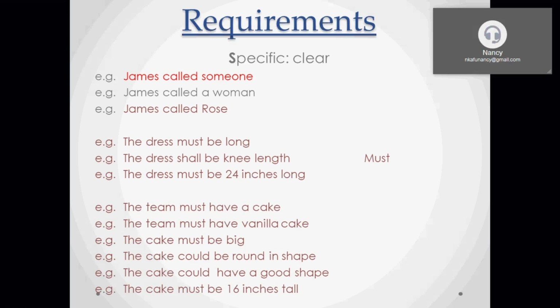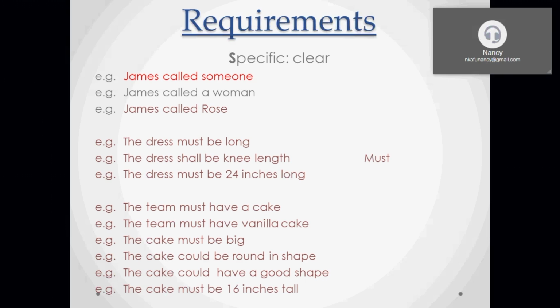This example is about, the team must have a cake. Because that's the requirement. They want to have a cake. So if you want to write it, you write the team must have a cake. Cake. What type of cake? The team must have vanilla cake. You understand? The team must have a cake is different from the team must have vanilla cake. So if I'm going to write the requirement for a caterer or a baker, I would say the team must have vanilla cake.